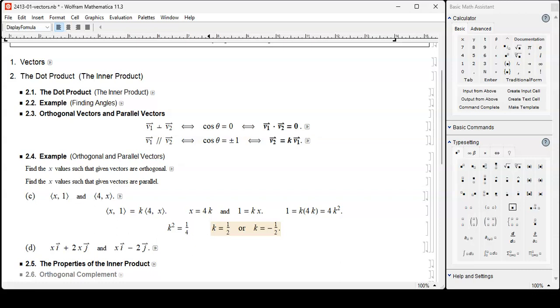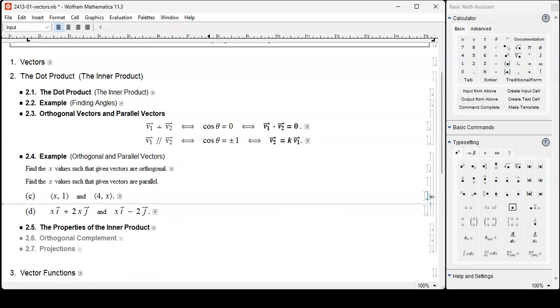So x value is going to be 4 times 1/2, or 4 times -1/2. X is 2, or x is -2. Looks like that's the conclusion I'm getting. Did you follow? Or maybe I should have solved for x and plugged in without looking for the k value.